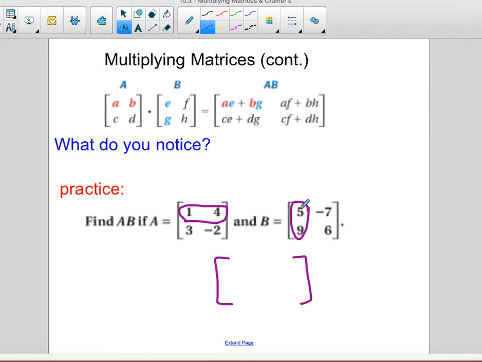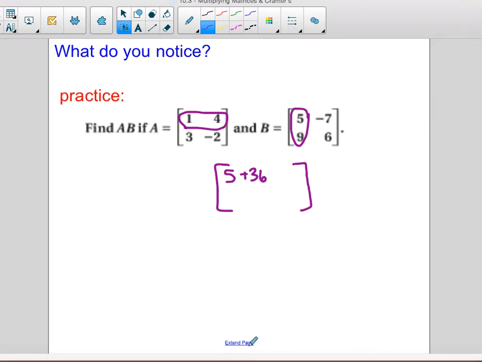So I'm going to do 1 times 5, which is 5, plus the second number, 4 times 9, which is 36. For my final answer, I know that's going to be 41. Next, let's say I want to do the top right.